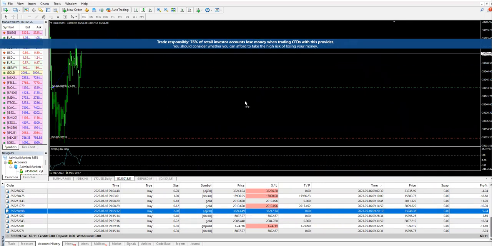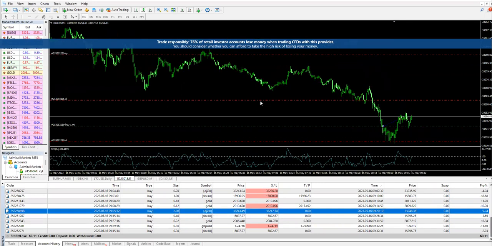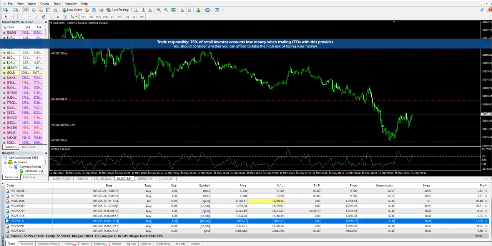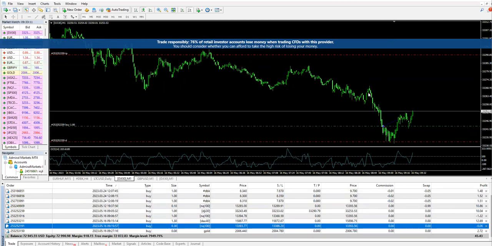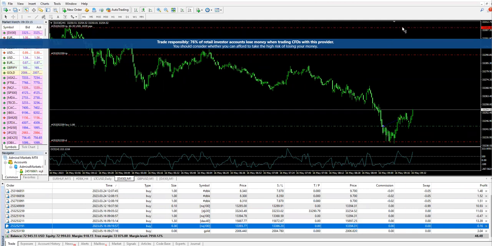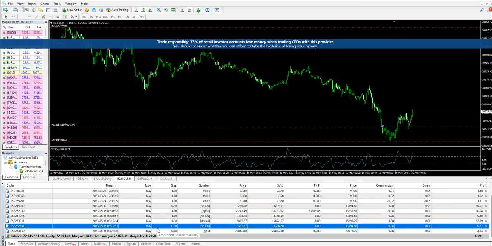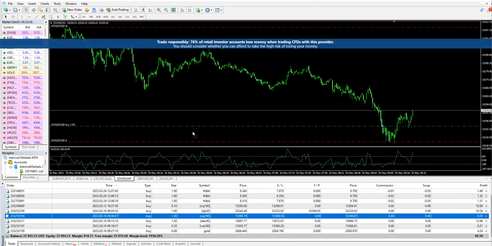And we have Dow Jones. So you can see, maybe the best I can do is to close my short position, because we are going up, and modify the take profit level a bit higher. Let's go to NASDAQ.